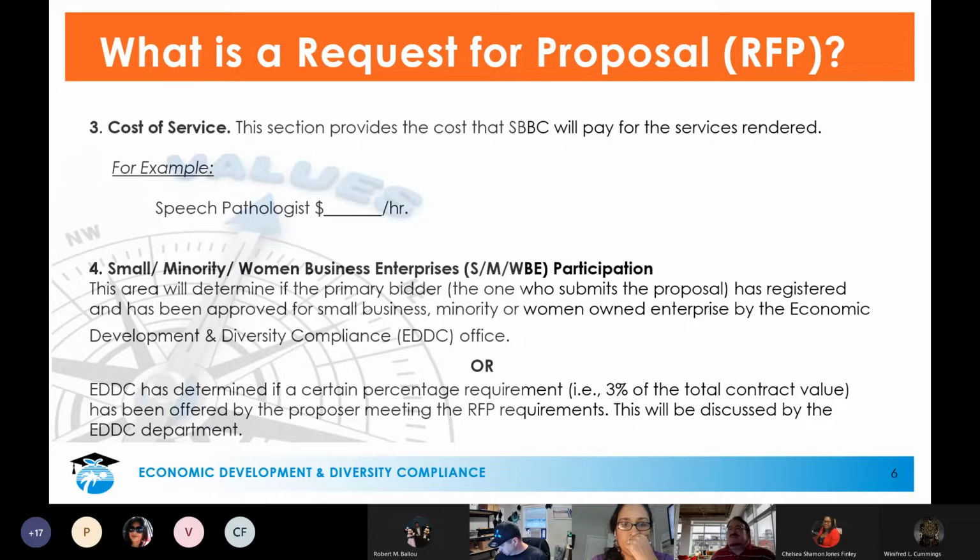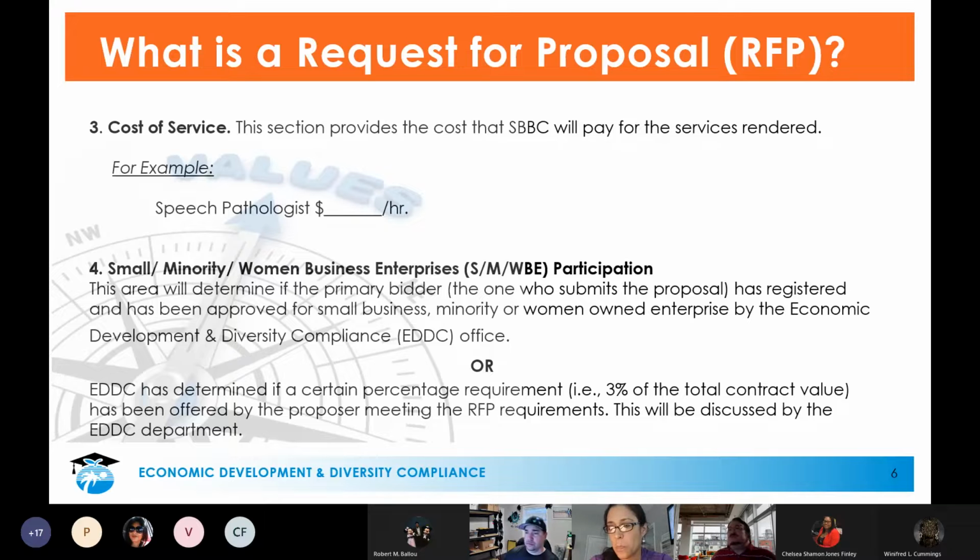And then the 4th section is the Small Minority Women Business Enterprise, SMWBE, participation. Now, again, this is very important because number 1, it's getting you the business, first of all, and number 2, being able to provide other participation from subcontractors that can help perform the service for you.